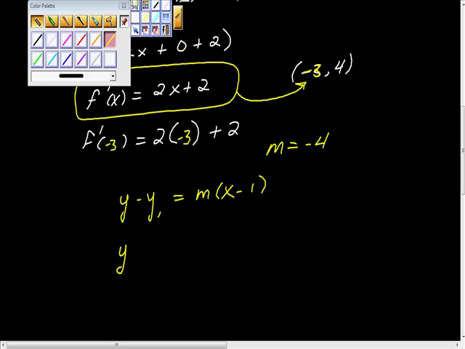Y sub 1 is equal to what? Positive 4, right? It's right here. So y minus 4 is equal to, and the slope was negative 4, times x minus negative 3. So negative negative is a positive.